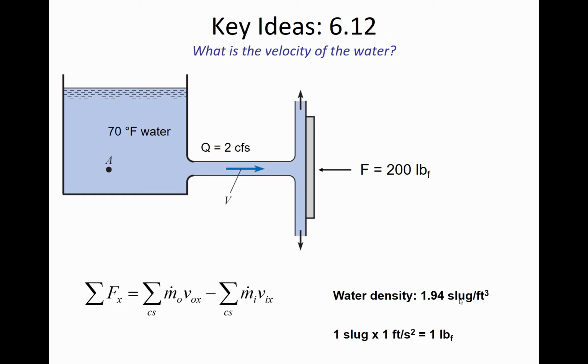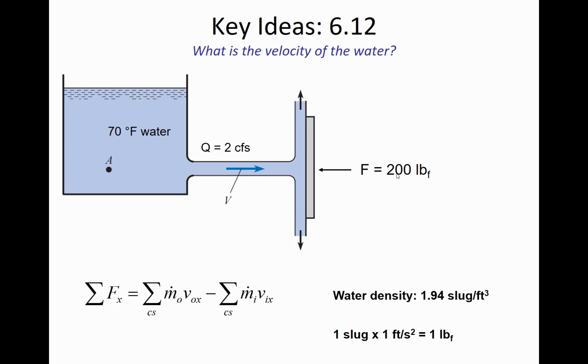All right, so if you multiply the slugs per cubic foot density by this volumetric flow rate of 2 cubic feet per second, then you're going to find out how many slugs per second, and that's the mass flow rate, m dot, flowing in, and that's what we're going to have to use for the mass flow rate in.